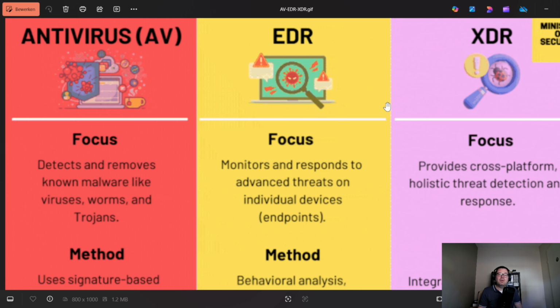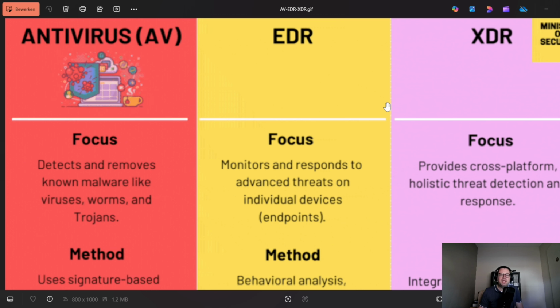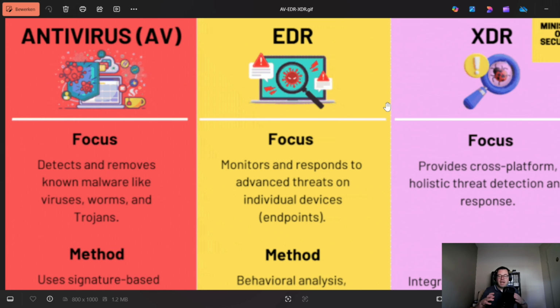XDR is cross-platform. It is extended detection and response. It takes a broader approach in integrating data from multiple security layers. Endpoints is one of them, and that's what we focus on with EDR, but also networks, cloud, email, everything that has the potential to infect your computer, take over a computer, install malware, all that kind of stuff.